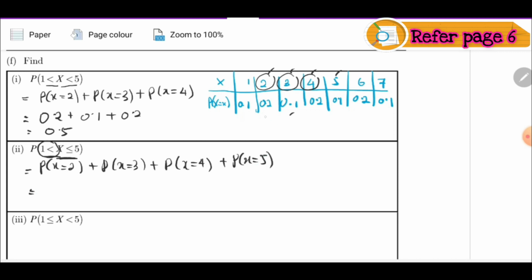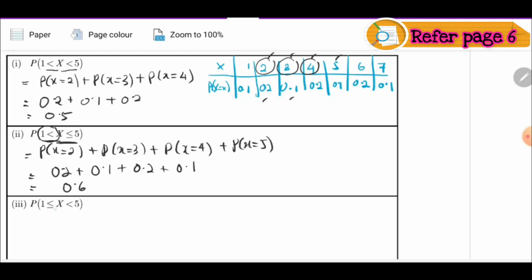When x equals 2, the probability is 0.2. When x equals 3, it is 0.1. When x equals 4, it is 0.2. And when x equals 5, it is 0.1. So we add up all the probabilities and the answer is 0.6.